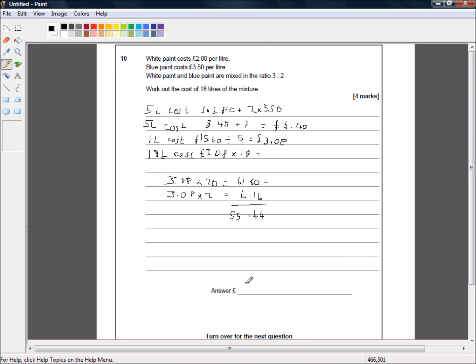So our answer is £55.44. We do not write the pence because that's not how you do currency, and the pound sign is already written in here. Okay, hope that helped, and I'll see you in the next question.